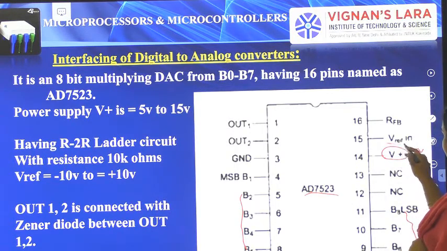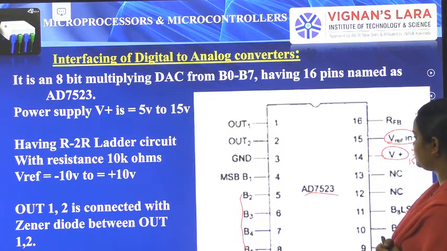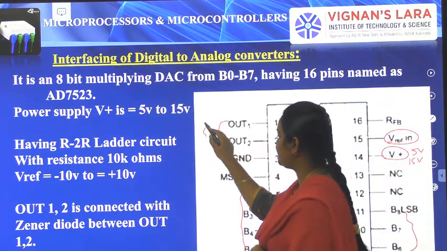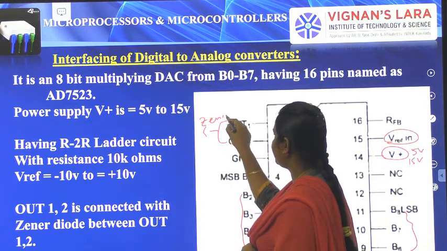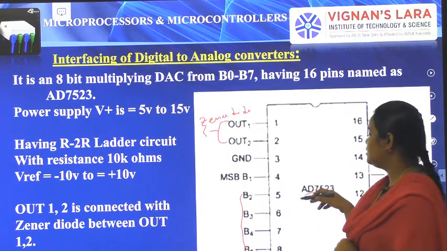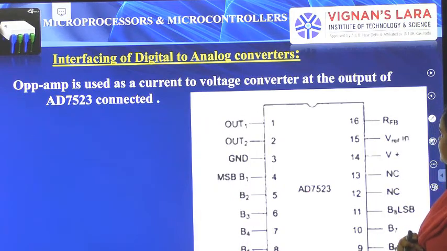The V reference in is used from minus 10 volts to plus 10 volts, and output 1 is connected with a Zener diode for avoiding negative transients from the output of this AD7523. So here we have the connections like this.